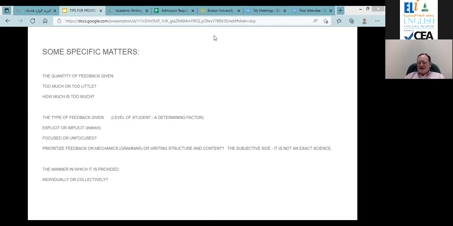Just as, if your child does something naughty, you can hit him or her, or you can provide corrective feedback in another manner. Of course, it is your responsibility as a parent to correct that negative behavior. And really, it is our responsibility to correct the negative linguistic behavior, if I could call it that.